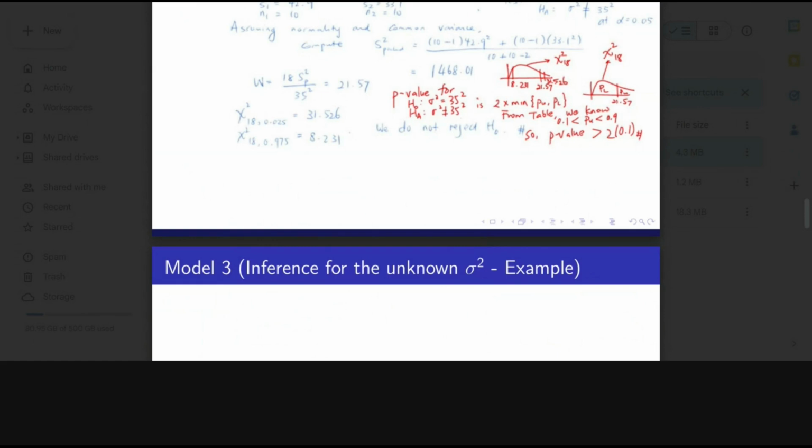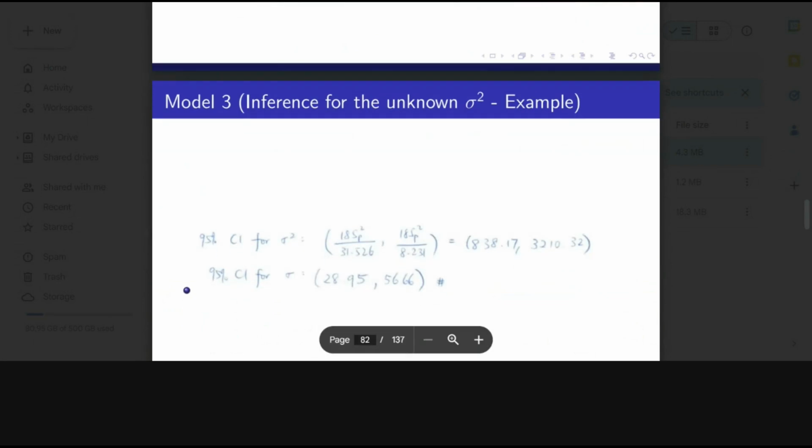Let's say it's 0.2 or something like that. Then you take twice 0.2. That's why we know the p-value is more than 0.2. That's all. So you don't reject the null, right? The p-value is very big. So that's how you carry out a hypothesis test.